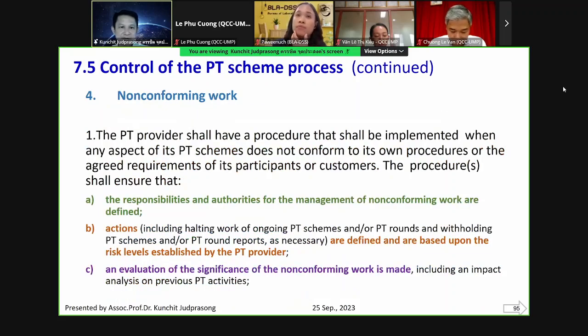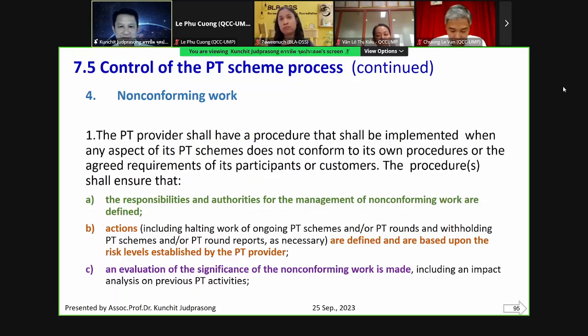For non-conforming work, the PT provider shall have a procedure that shall be implemented where any aspect of the PT scheme does not conform to its own procedure or the agreed requirements of the customer.